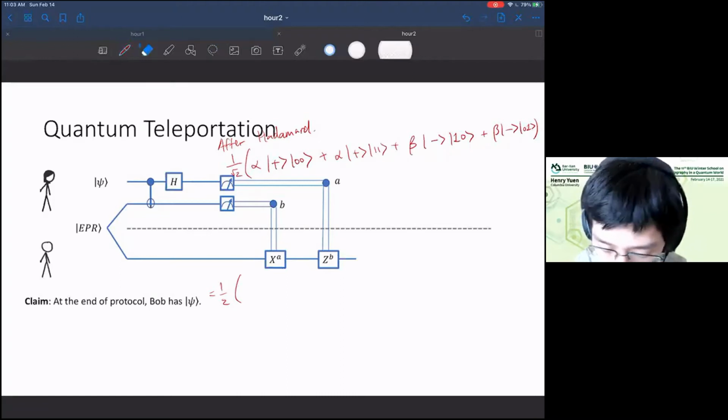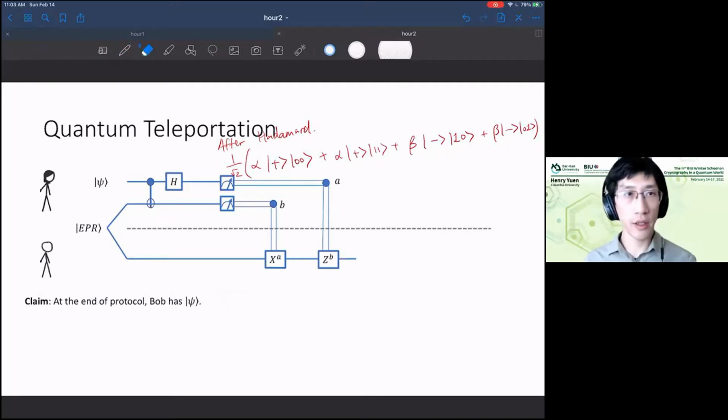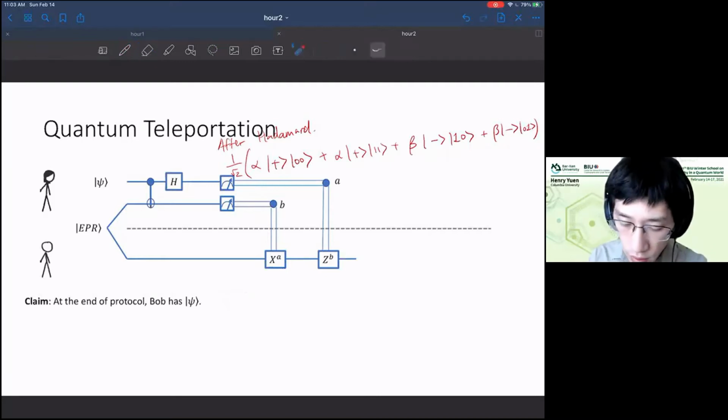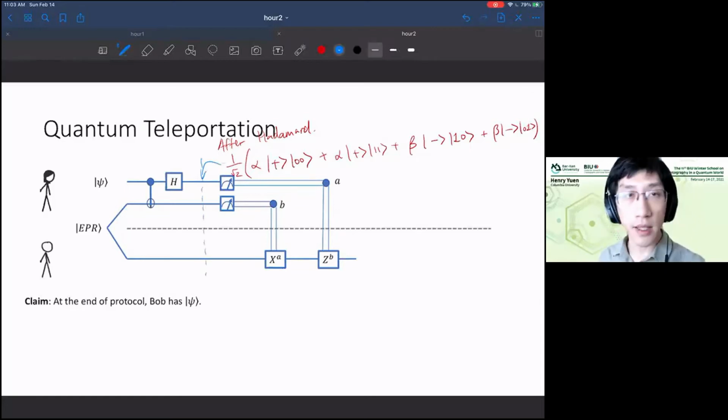Okay, so actually, before we do that, let's imagine it in the following way. So this state is the state of the system at this point right here.